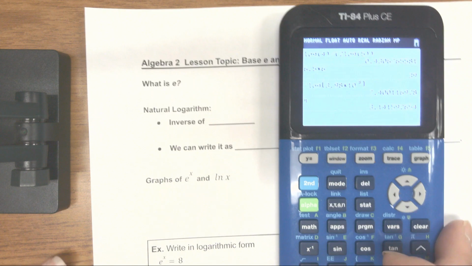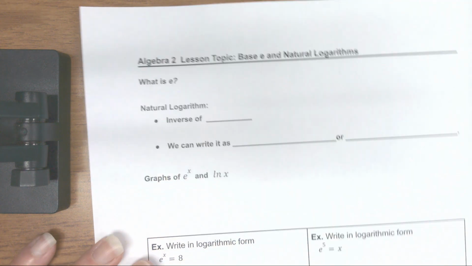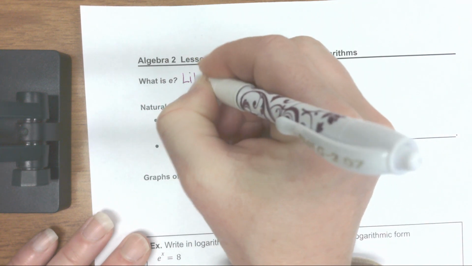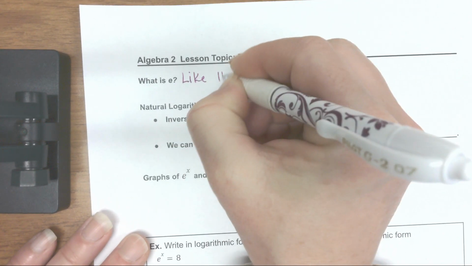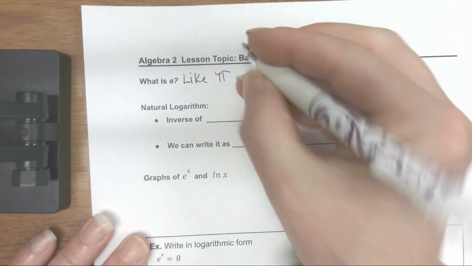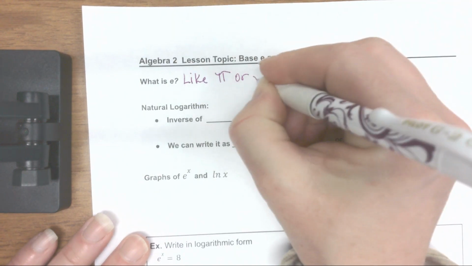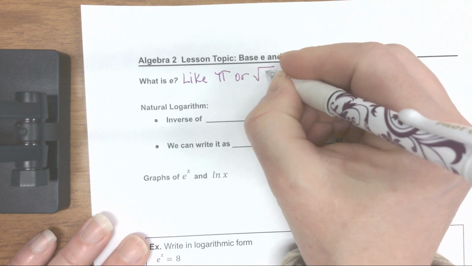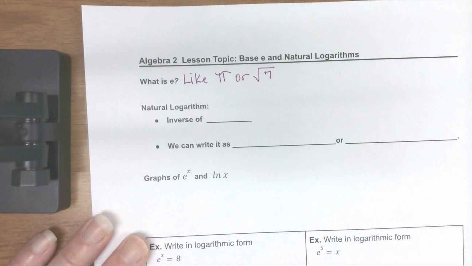So what is E? First of all, E is like the number pi. Or I'll give you another one. If I said the square root of 7, do you know the square root of 7 exactly? No, we don't know it exactly. Type the square root of 7 in your calculator.